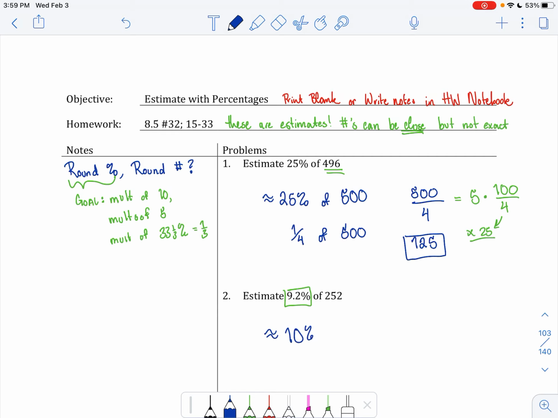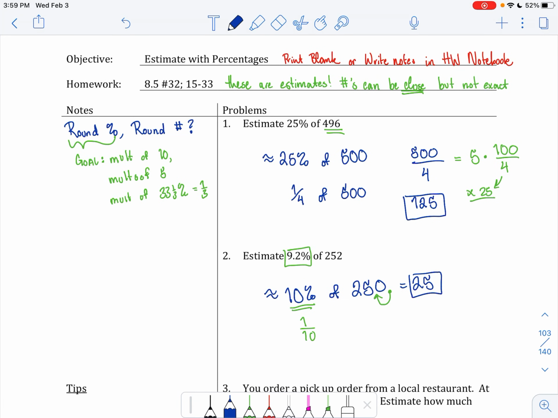So I'm going to round 9.2 and say that's approximately equal to 10% of, in this case, 250. One nice trick why we like 10% is that to find 10%, remember that's 1/10, so we move the decimal point 1 space. This will work for 10%. Just move it 1 space like that. And we know that this is approximately going to be equal to 25.